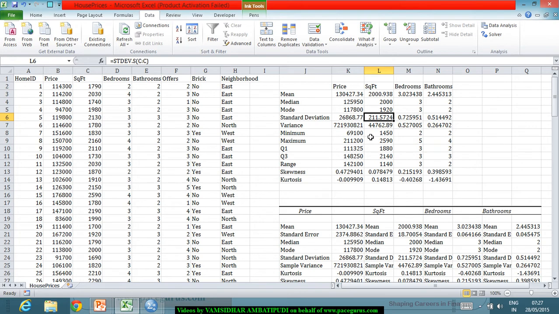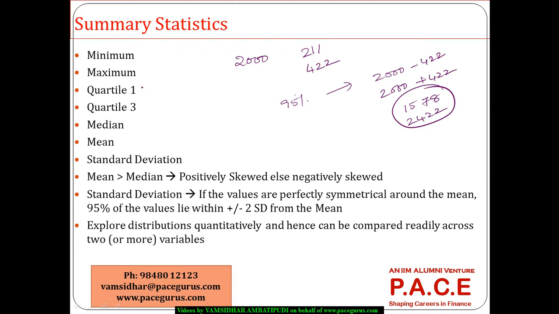So that is what is being specified through the standard deviation for any of the variables, and the square of the standard deviation is the variance. There's not much of a different interpretation that we bring out of it. At the same time, we are finding the minimum value and the maximum value, and just like the median, we also have quartile 1 and quartile 3.